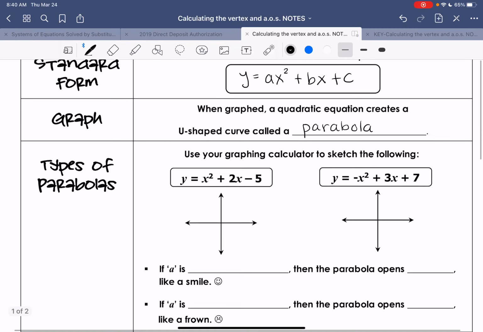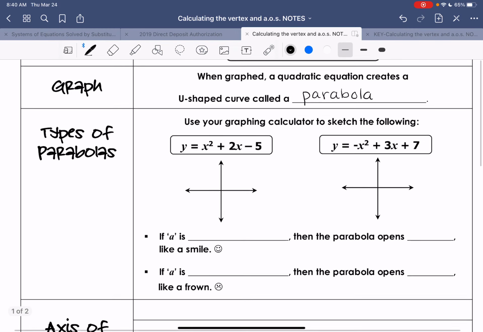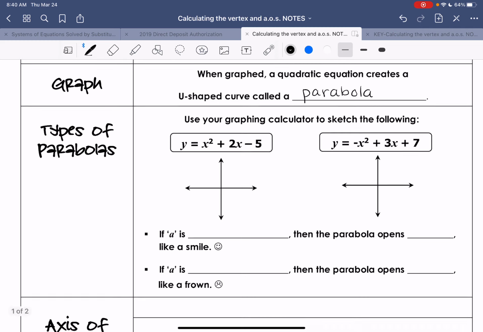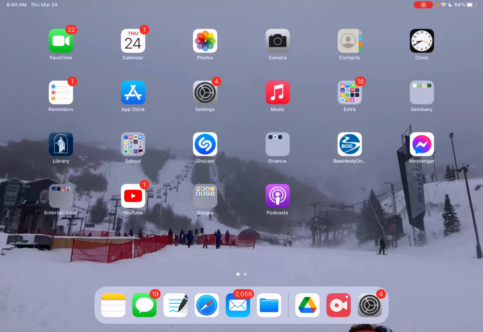And something we need to know about parabolas is we're going to use our graphing calculator to sketch a few things. So let me see if I can go to my calculator.